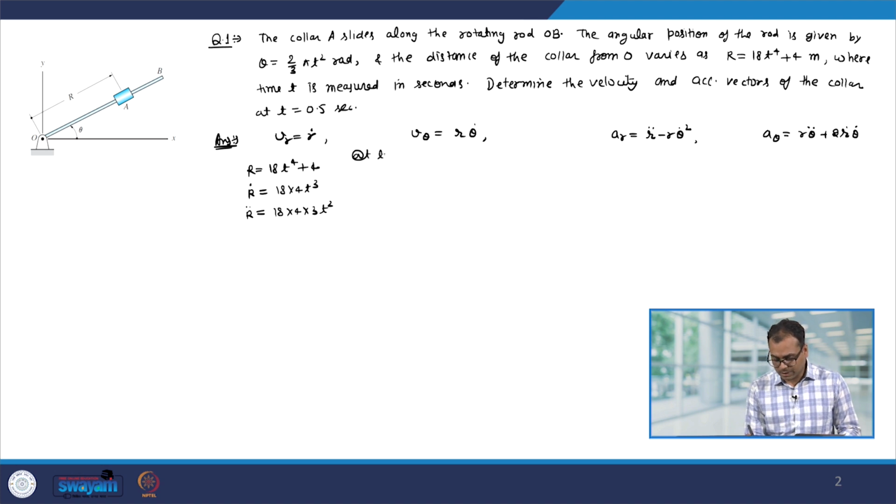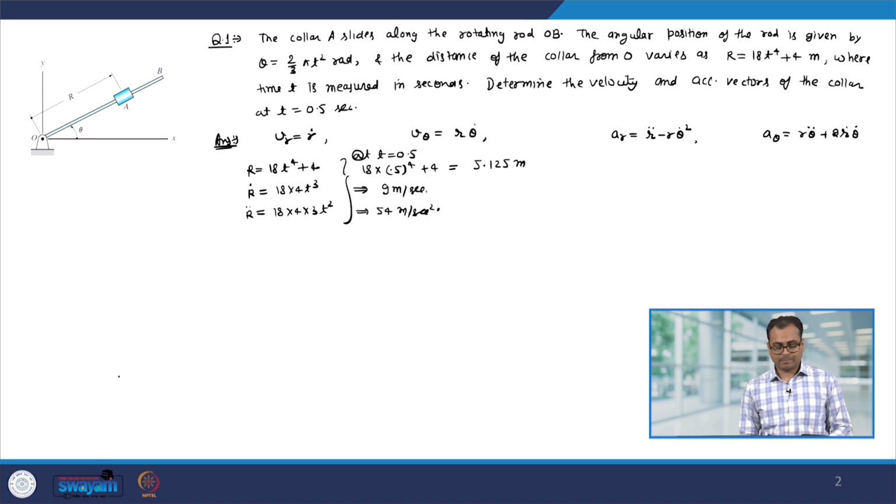So, let us put t equal to 0.5 second. So, we get r is equal to 18 into 0.5 to the power 4 plus 4, which comes out to be 5.125 meter. Similarly, r dot comes out to be 9 meter per second and r double dot comes out to be 54 meter per second square.